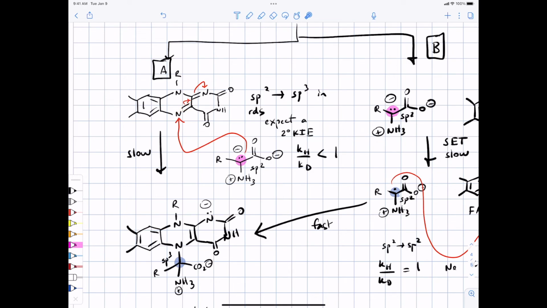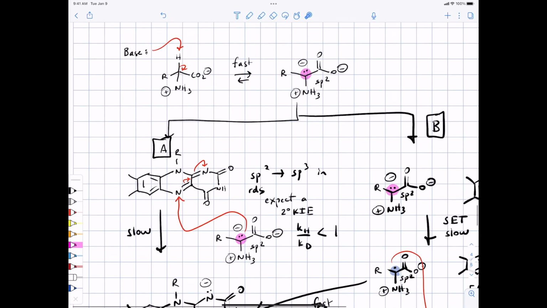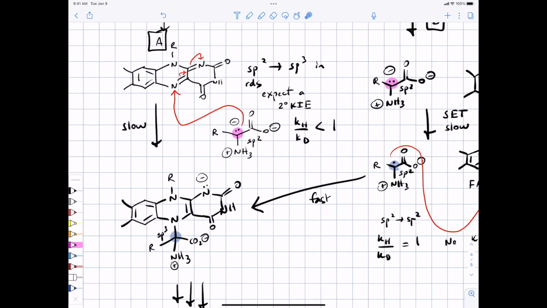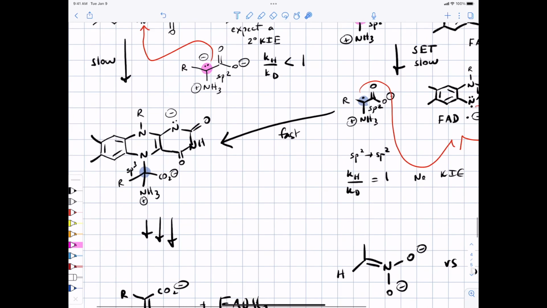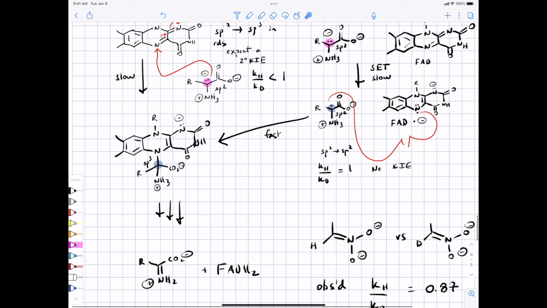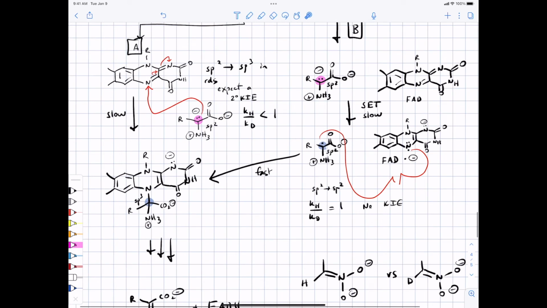And in that process, you expect the hybridization of that enolate to be basically sp2, right? So there could be resonance overlap with the carbonyl. But in this intermediate, it goes to sp3. Now, I'm not showing you the rest of the mechanistic steps whereby we get to this amino intermediate. But one proposal in their mechanism was that this is the slow step, the rate determining step, and that there is a hybridization change in the rate determining step.